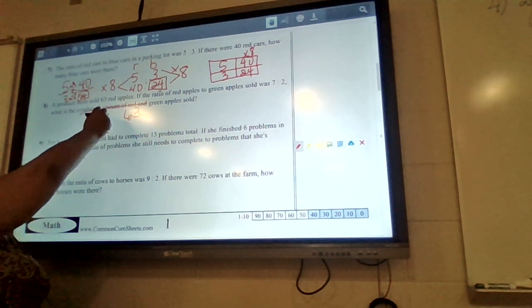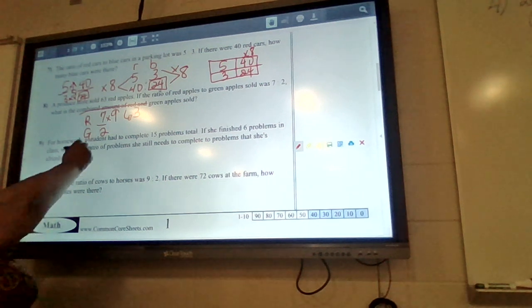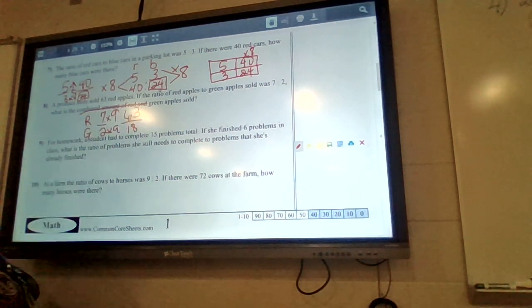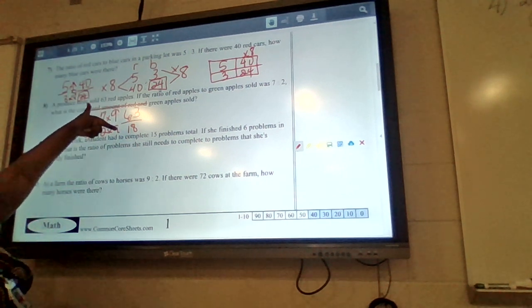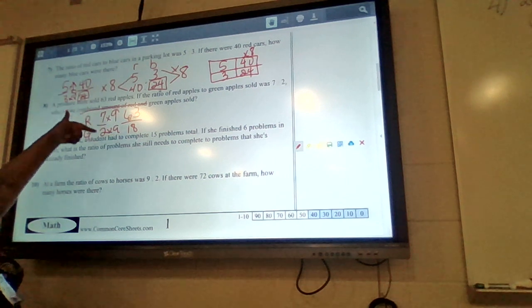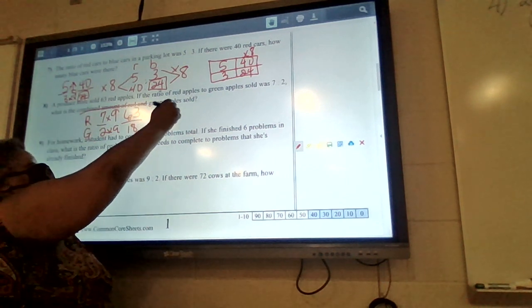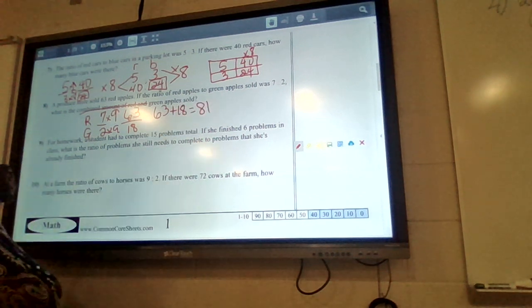So 7 times 9 gives me 63. So I have to multiply this bottom times 9 to get my green apples. And then if we want the total amount, what do we have to do to these two numbers? Add them. So 63 plus 18 is 81. So we sold 81 total apples.